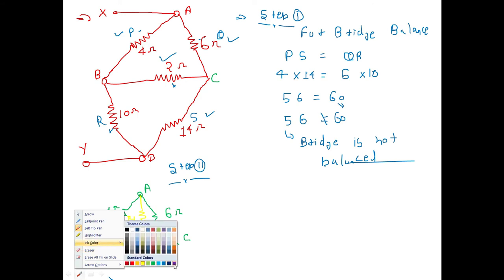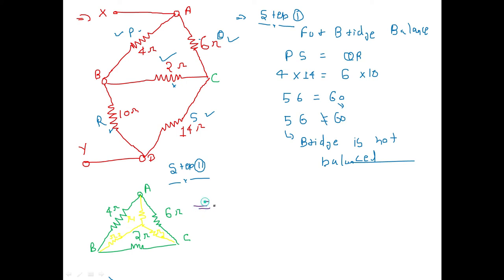First you'll calculate R1, the star value R1. For this R1, we see the opposite terminal: 4 multiplied by 6, divided by the summation of all the outer resistances, 4 plus 6 plus 2, that is 24 upon 12, that is 2 ohm. So R1 has a resistance of 2 ohm.